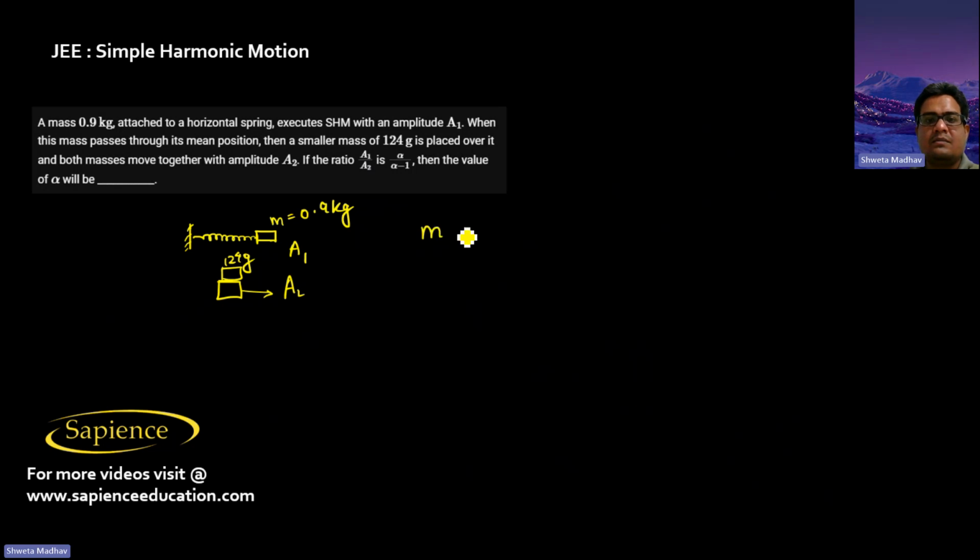So I will say M1 V1 is equal to M2 V2, where M1 is 0.9 kg, and 124 gram means 0.124 kg has been added.